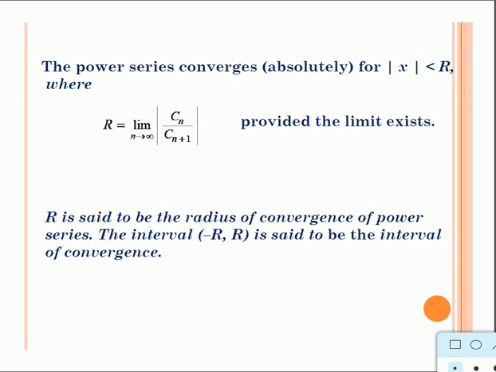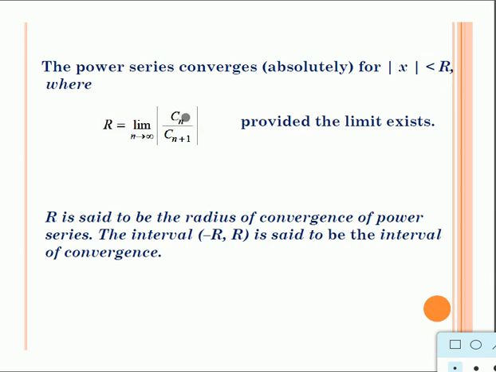We call it the radius of convergence, which I already explained in complex analysis. So R will be the limit n tends to infinity of the modulus of the coefficient of x power n term divided by the coefficient of x power n plus 1 term. So Cn is the coefficient of x power n.